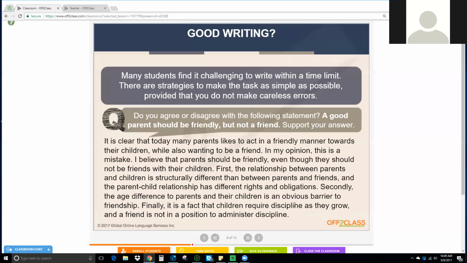So the purpose of the writing course is to teach you strategies, templates and formats that will help you to complete the task quickly so that you can focus on the content of your writing and not have to spend as much time focusing on your format.